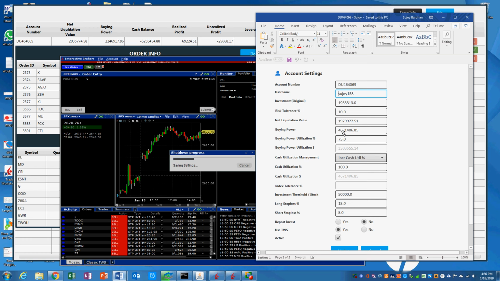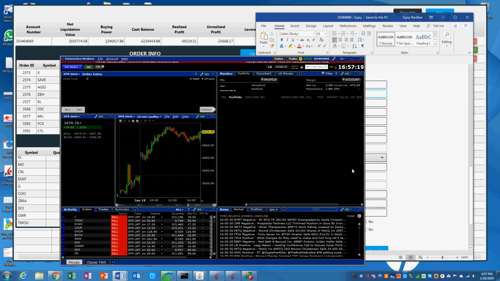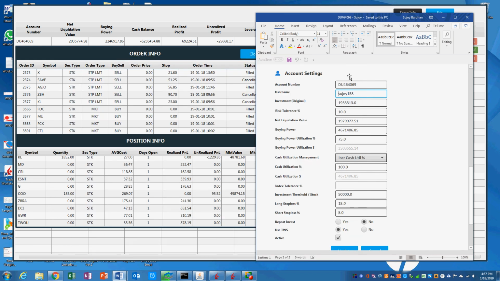He wants to use 100% of the available cash. Having said that, the threshold is 50,000 per stock. And on the long side, he has a position of around 15% as a stop loss, and 5% on the short side as a stop loss.